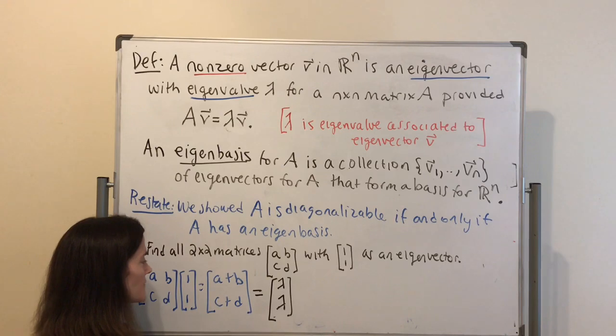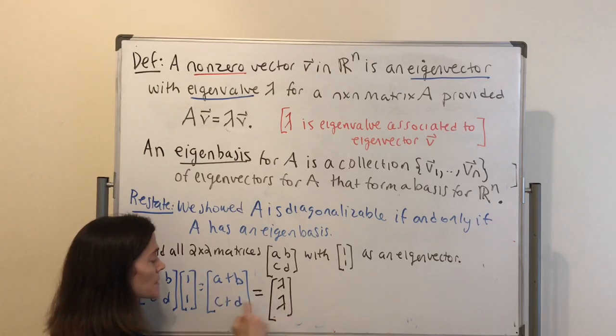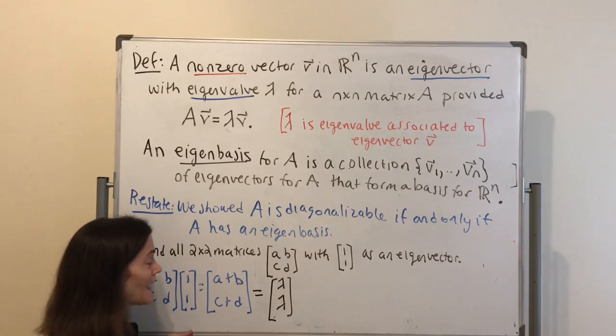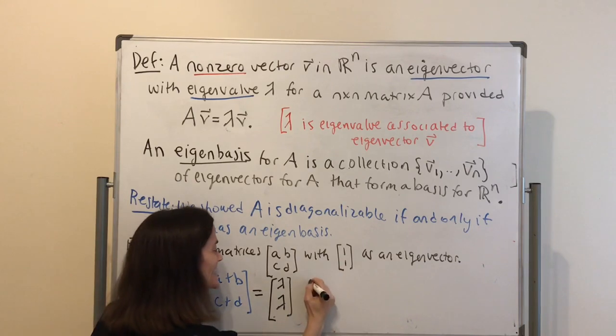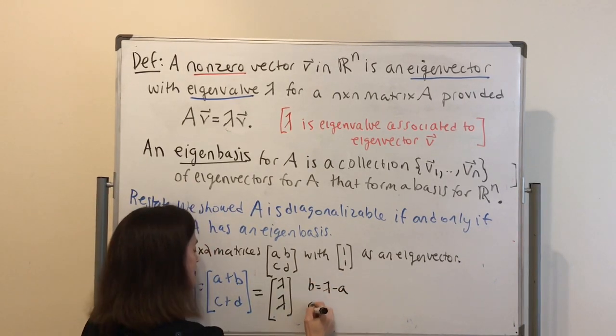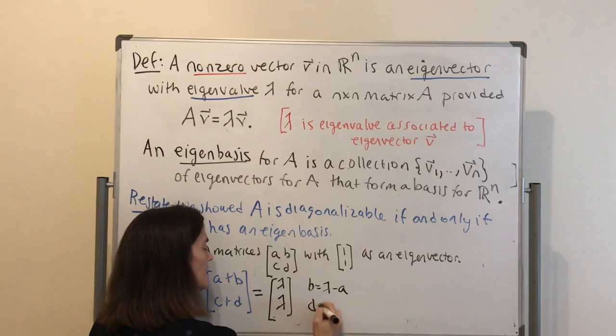So what do we see from this? This is quite straightforward. I will say to solve that A plus B is lambda, C plus D is lambda. So A and C are free, and then we get that B is lambda minus A, and D is lambda minus C.